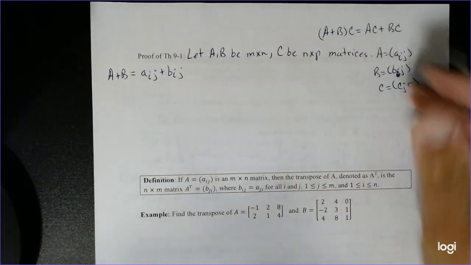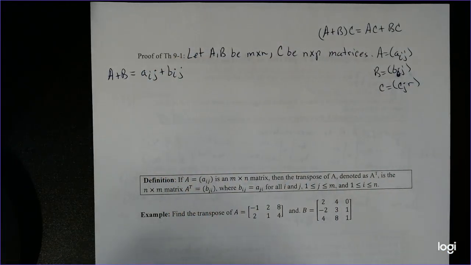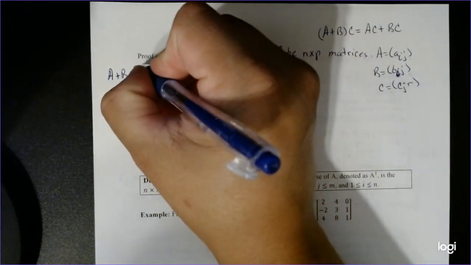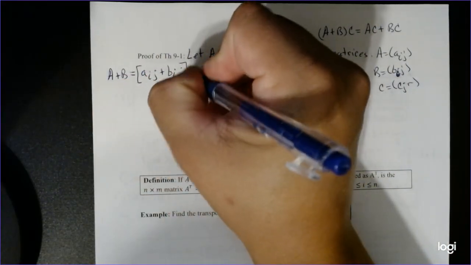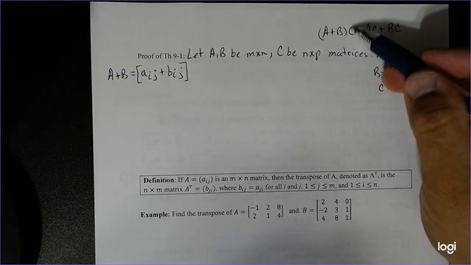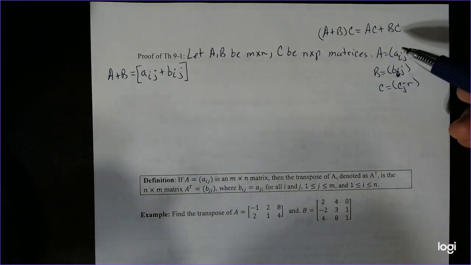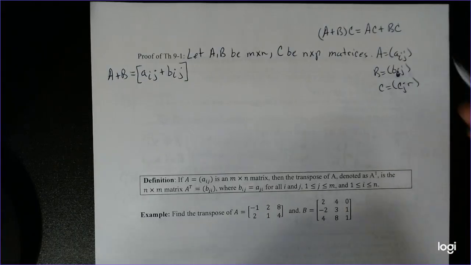You're just going to add up each entry together. So nothing too difficult there. Okay, now I'm going to put this in parentheses there. And now I'm going to do multiplication. So we're going to use the same property as the proof of the definition of multiplication.